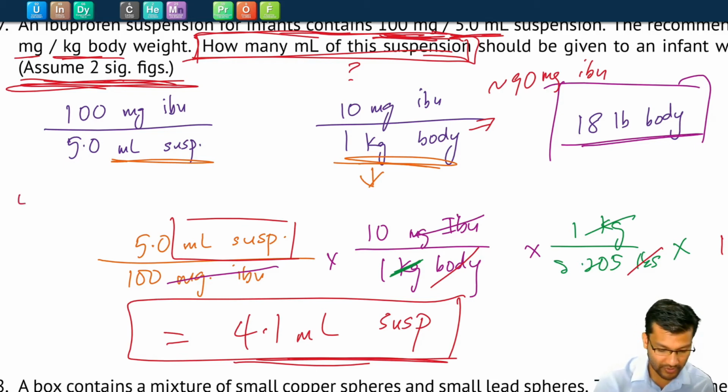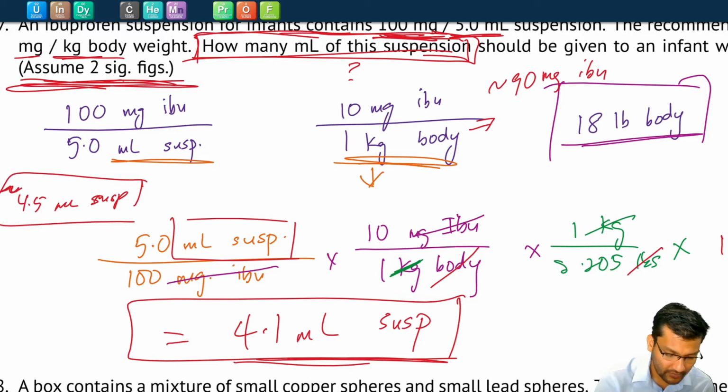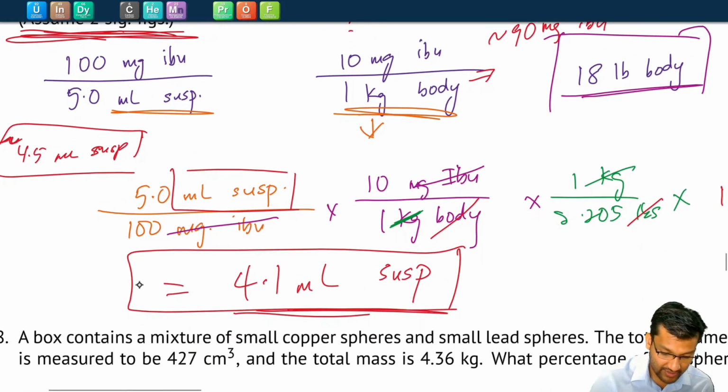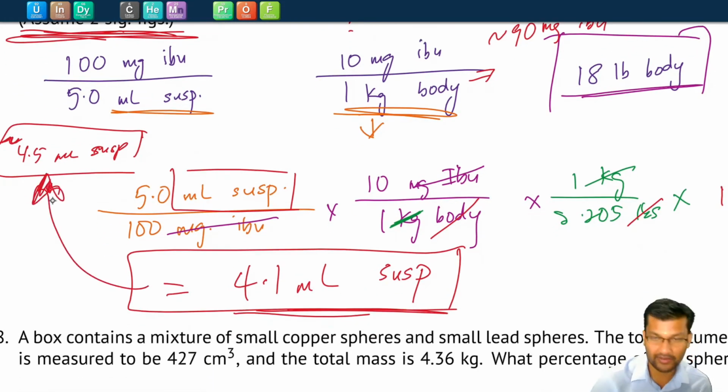It should be about 4.5 milliliters of suspension, roughly, because we need 90 milligrams, not 100. So it should be less than 5 milliliters. And we see that our answer falls somewhere near that ballpark, right? And that's one way to check. Yes, 4.1 milliliters of suspension makes sense. So that's our answer.